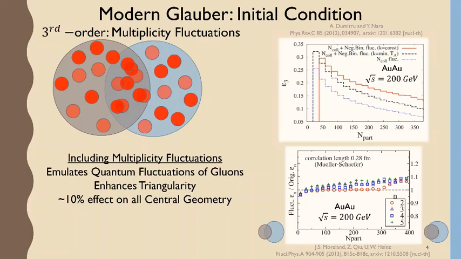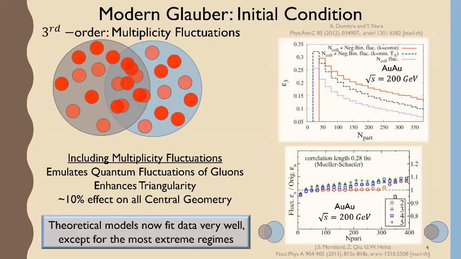But for all of the higher order coefficients, you have a significant effect across most centralities, on the order of 10%. And so using both of these fluctuations, theoretical models can fit data very well, except at the most extreme regimes, which I'll talk about moving forward.